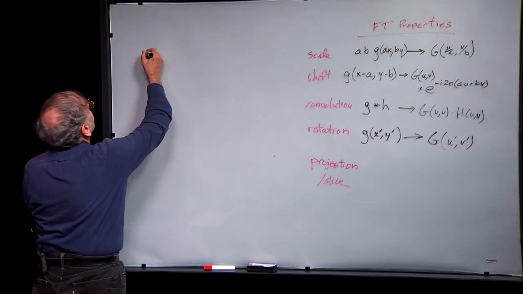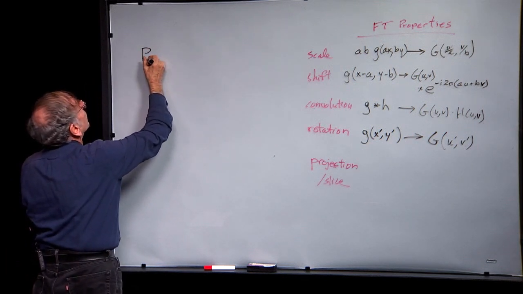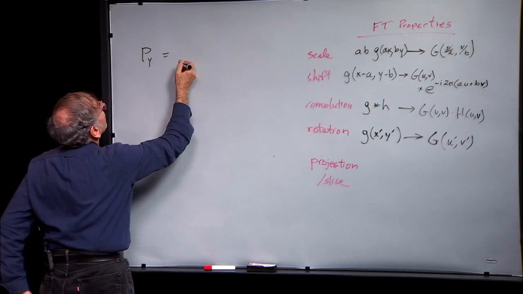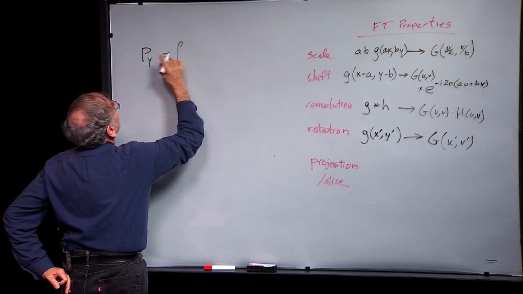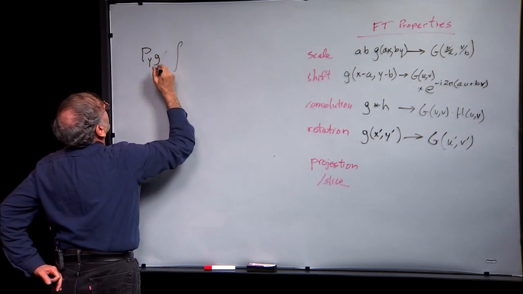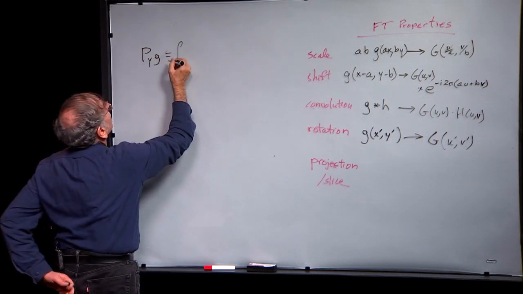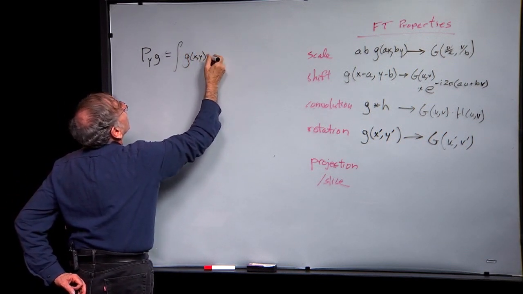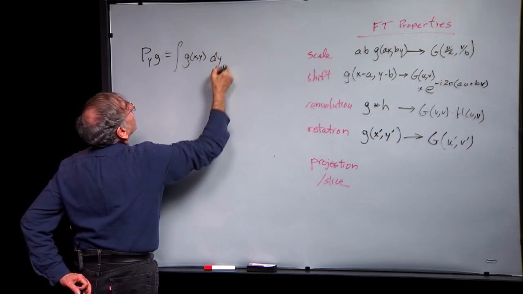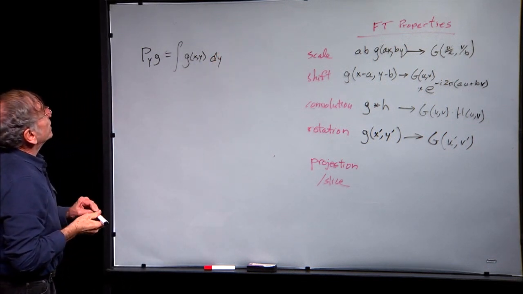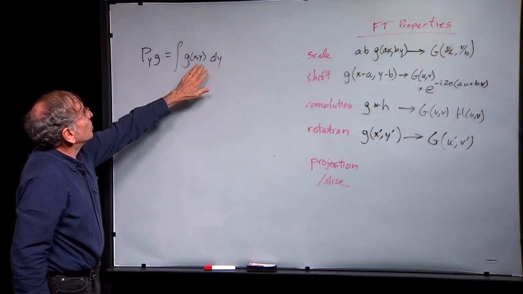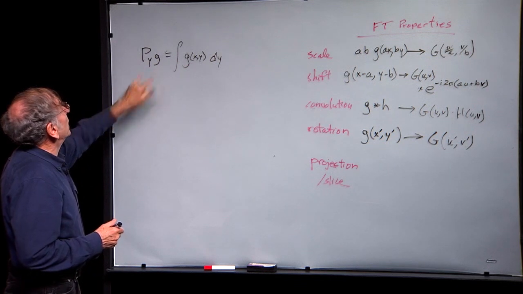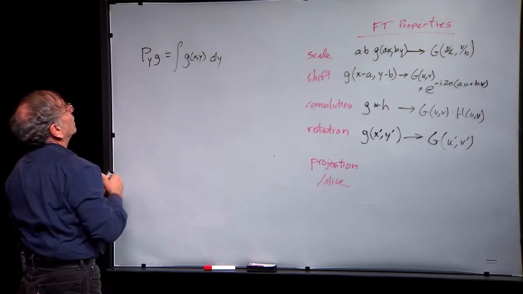So what I could say is I'm going to define an operator that is going to be P sub y, which means a projection along the y direction of some density, and P sub y operating on my function g is going to be the integral of g of x, y, dy. So what I'm doing is that I'm leaving x unaffected, but I'm integrating along the y direction, and that gives me this thing called P sub y of g.